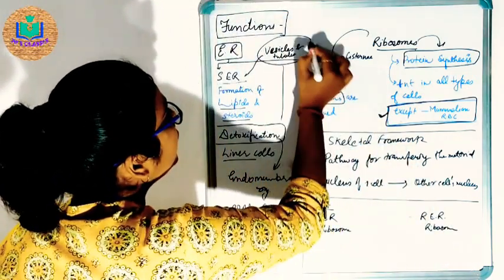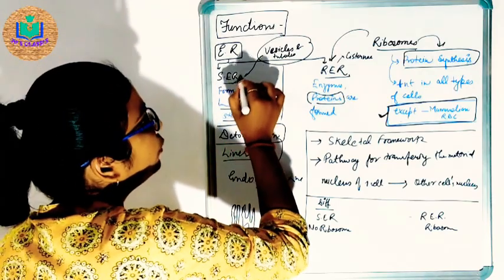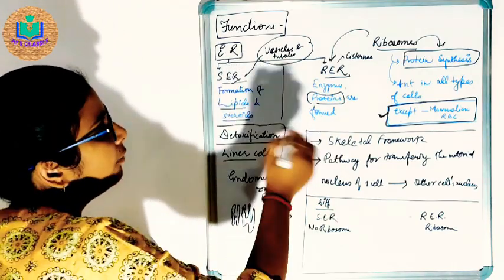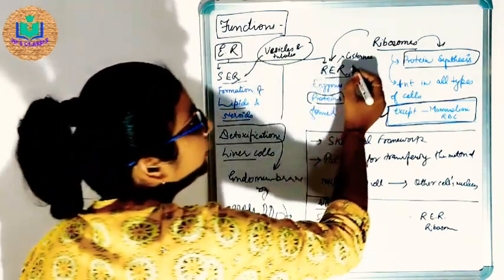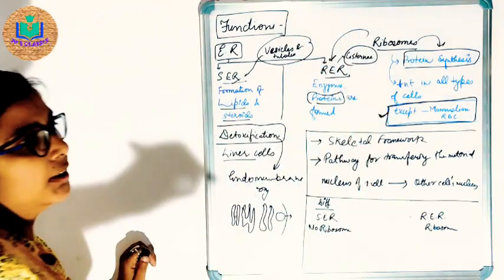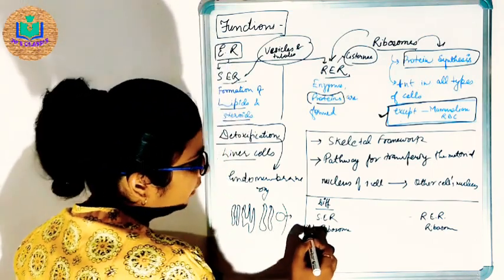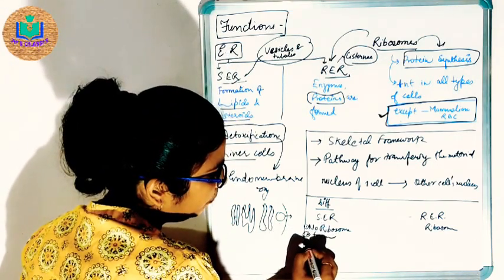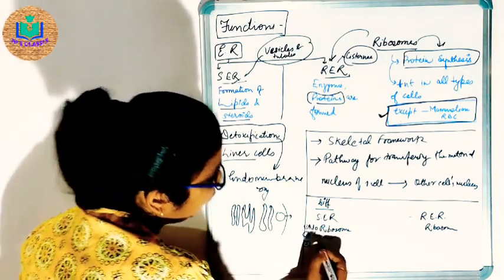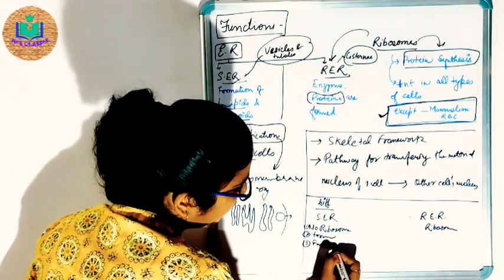One difference is also this: the smooth endoplasmic reticulum is generally found in the form of vesicles and tubules, and the rough one is generally found in the cisternae structure. The second is form, and the third is the basis of their function.